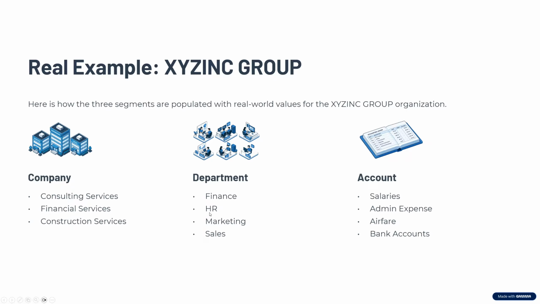HR is mainly focused on the recruitment and retirement of employees, and marketing is completely focused on marketing their products using different websites and advertisements through affordable brand ambassadors. In sales, there are sales representatives who meet the required and targeted customers, and based upon this they do the sales transactions.